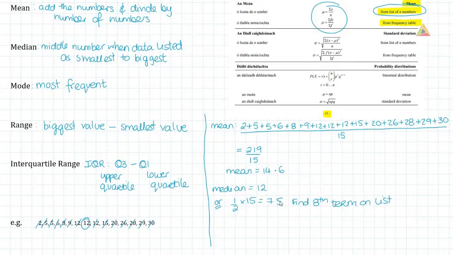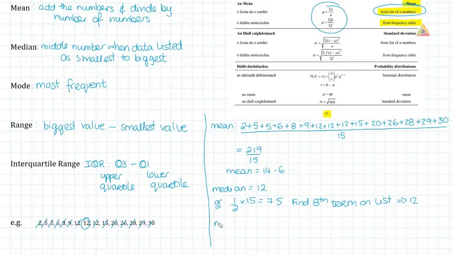If I got a whole number, so if that was number 7, I'd find the average of the 7th and the 8th numbers. The 8th term on the list means I could just count 1, 2, 3, 4, 5, 6, 7, 8, and I'm going to get the same answer here, which is the number 12.